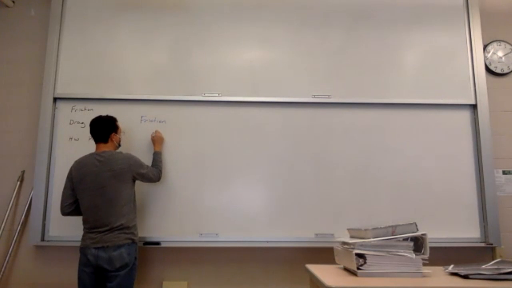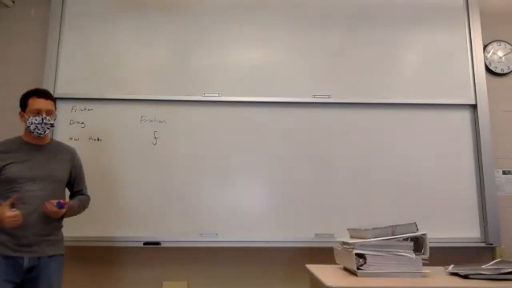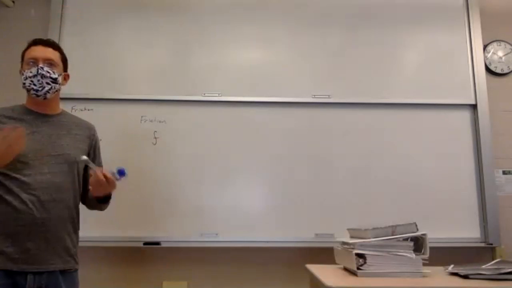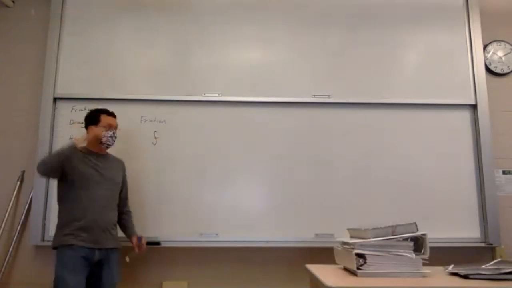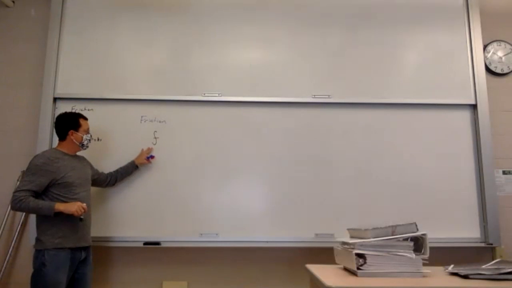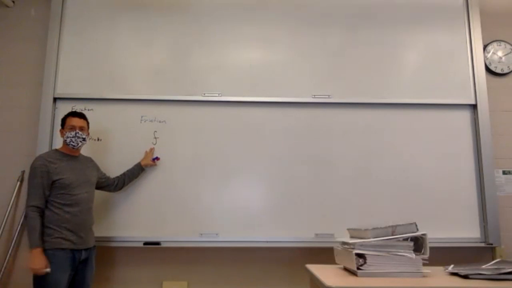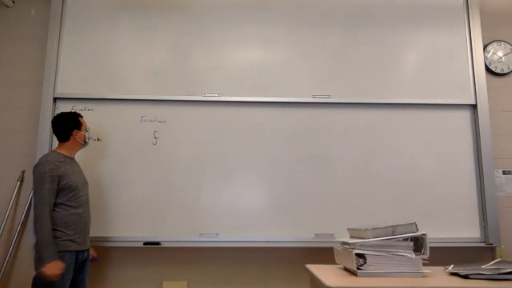The symbol I will use for friction is a script F. Sometimes people write a capital F with the word friction underneath. That just takes too long. There's nothing wrong with doing that, it's just I'm lazy. So in general, I'm just talking about friction. I'll call it script F. It's a force. Units are newtons, same as other cases.